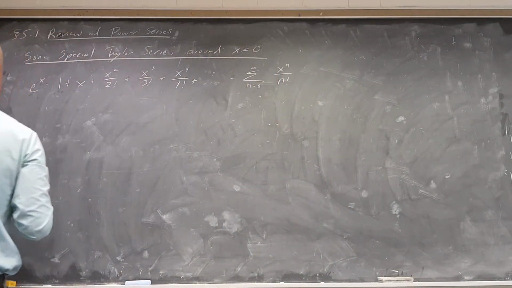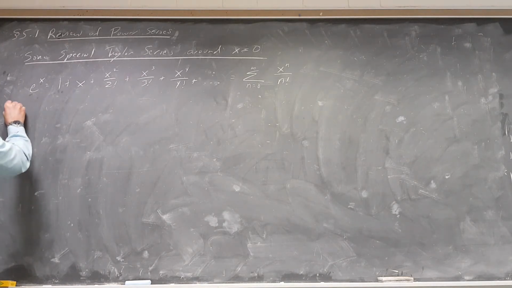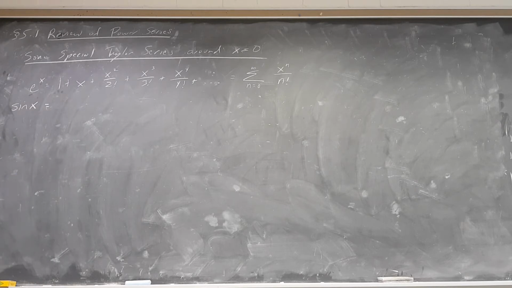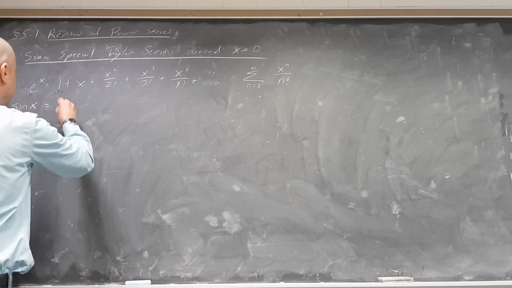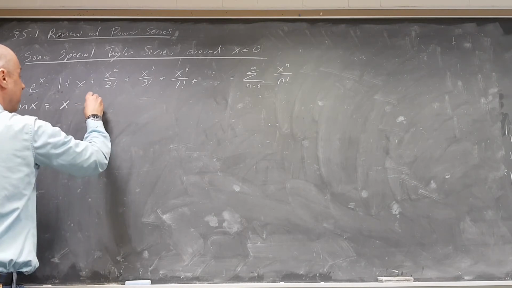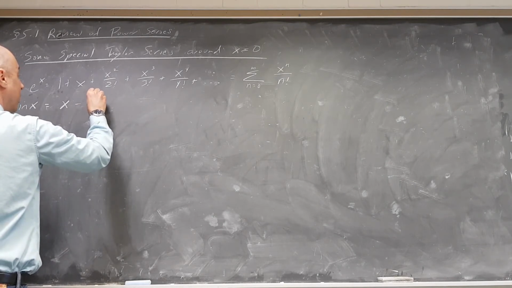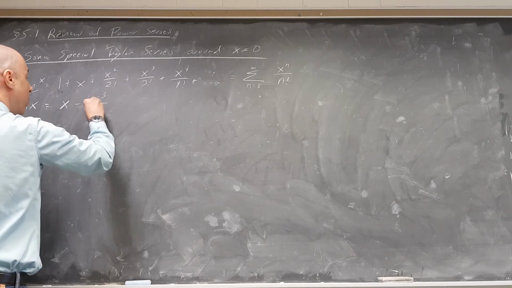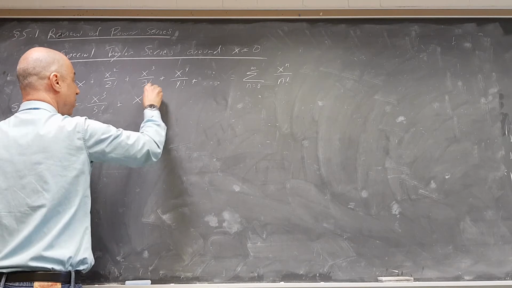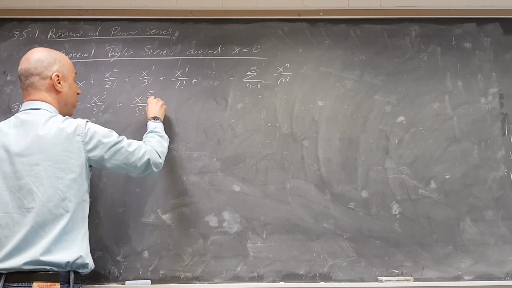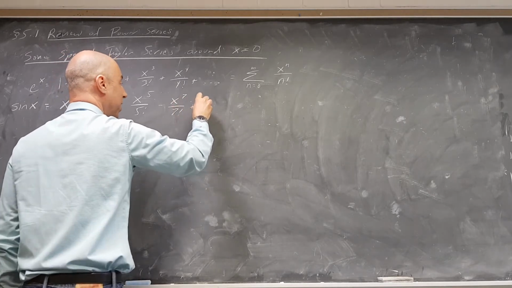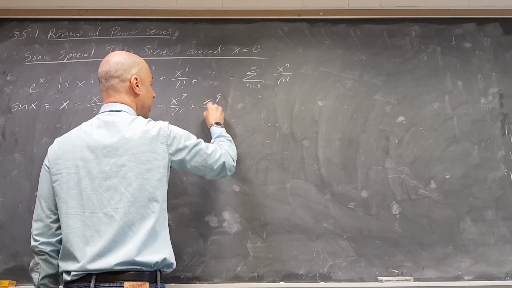Another one I'd like you to commit to memory is sine x. Sine x is equal to x minus x cubed over 3 factorial plus x to the 5th over 5 factorial minus x to the 7th over 7 factorial plus x to the 9th over 9 factorial.